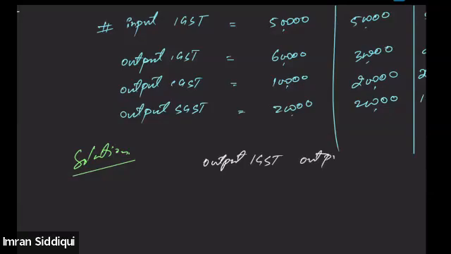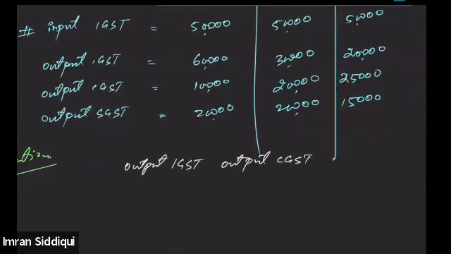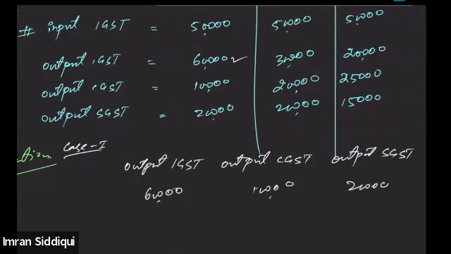For case one, I'm talking about case one only. So output IGST we have is 60,000. Output CGST is 10,000. And output SGST is also 20,000.